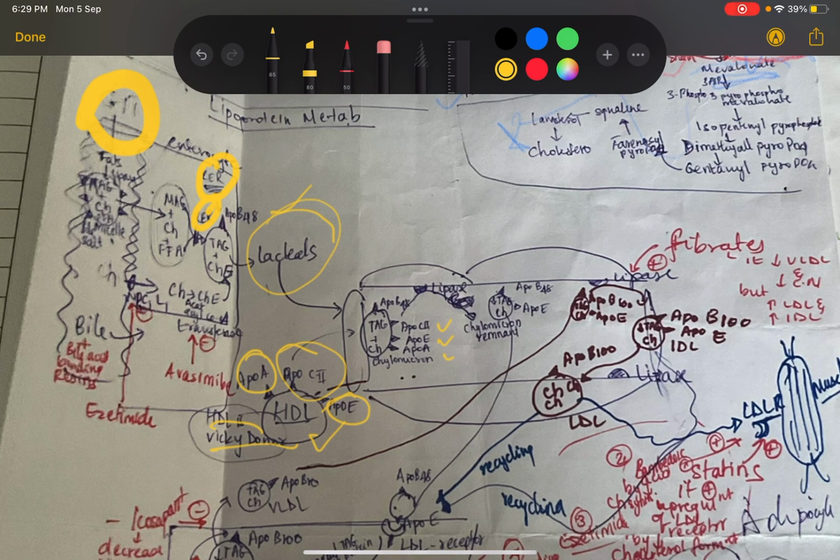And then it goes and sticks to lipase, and it goes to the peripheral parts of the body, like your adipocyte, or for instance your muscles, or wherever. And the lipase holds on to the ApoB48. What it does is break down the triacylglycerol and reduce the normal levels of triacylglycerol.